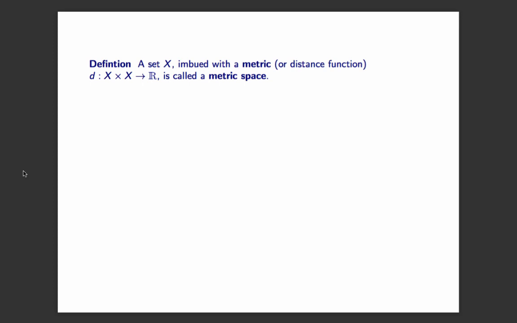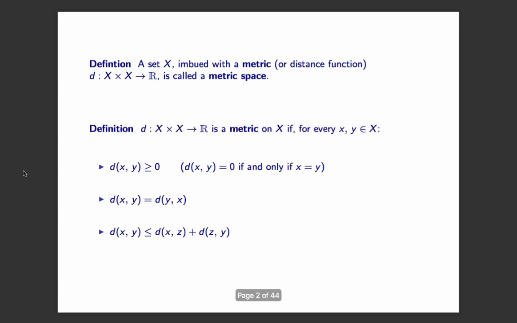Okay, well, what's a metric? What's a distance function? But what are the ground rules? So that when we say distance, it makes some sense in how we tend to think about distance between two elements.